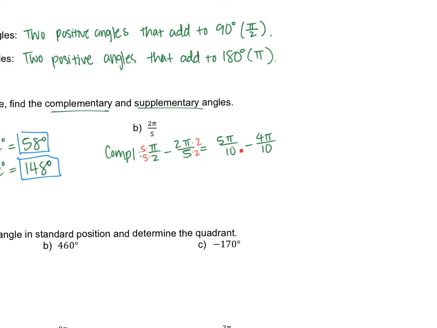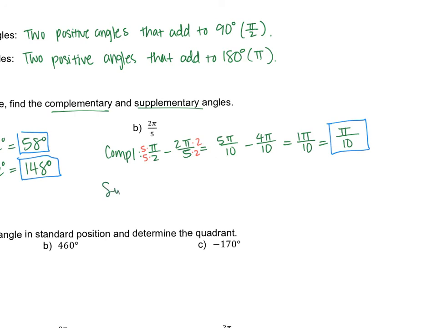Now I can finally subtract since the denominators are the same. So 5 minus 4 is 1, or 1 pi over 10. Or in other words, this is really just pi over 10. And so this here is my first complementary angle. If I add this to this angle, they would end up adding to be pi over 2, or in this case, 90 degrees.